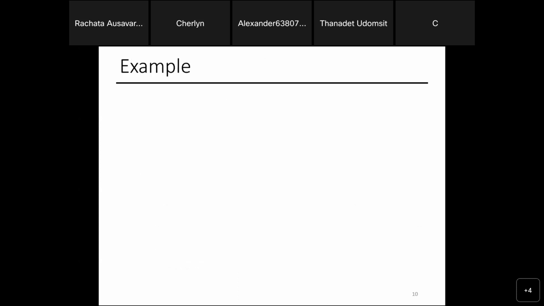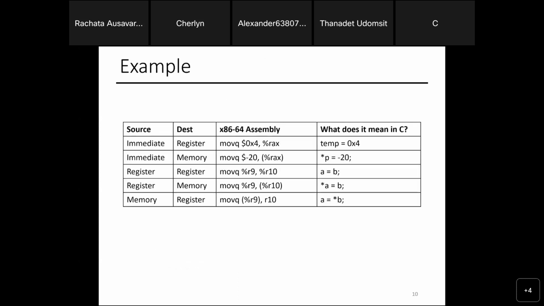Okay. So here's the example. I can, for example, do movq of the 64-bit version of number 4 from source to the destination. After I run this, RAX will have the value 4. You see the source is a constant. So every time you want to refer to some constant, you put the $ sign.